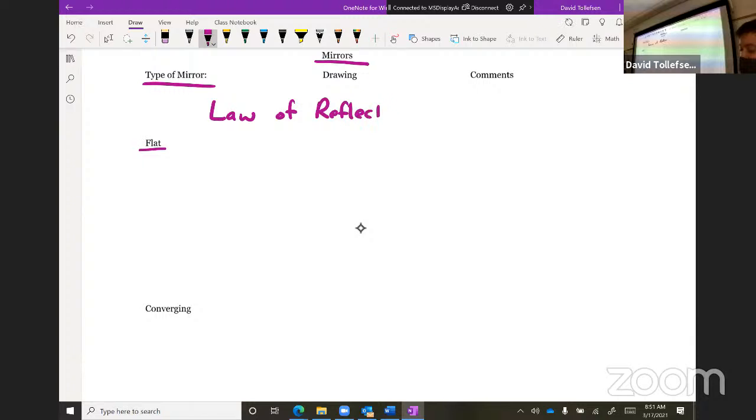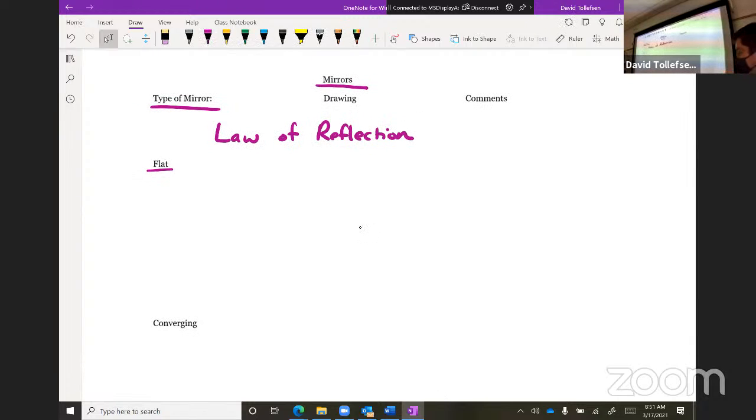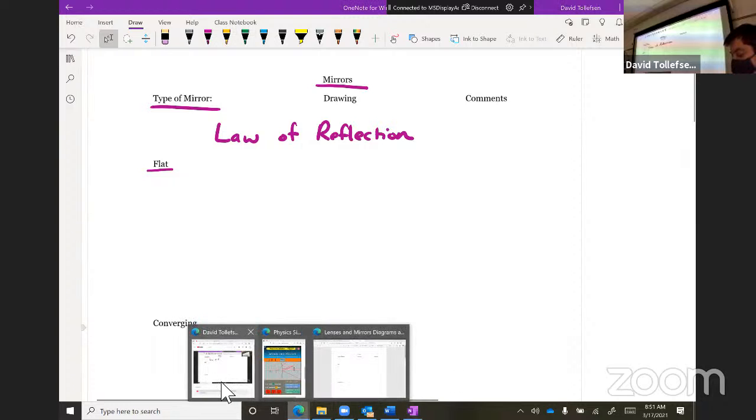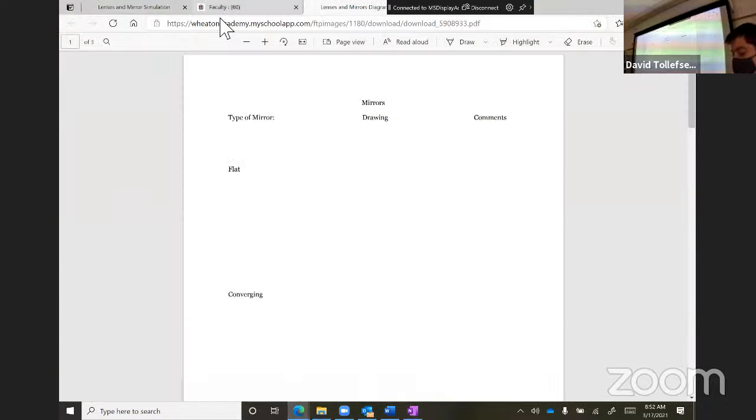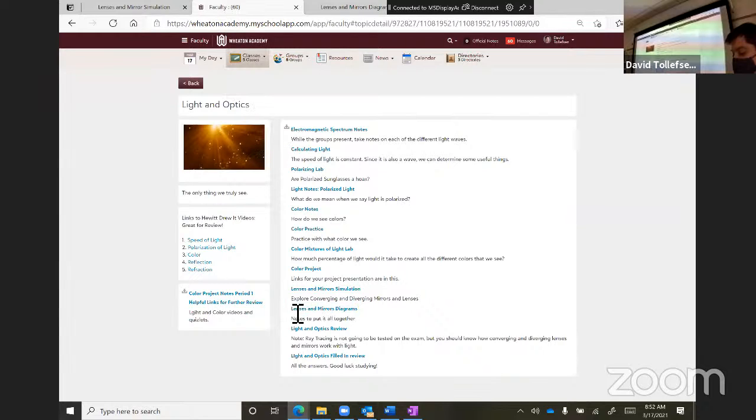Oh, is this a new unit? Nope, this is just a new lesson. We're going to take what we learned from the lab and apply it. These are notes. It's the lens and mirror diagrams, for the 3rd time. Notes to put it all together.